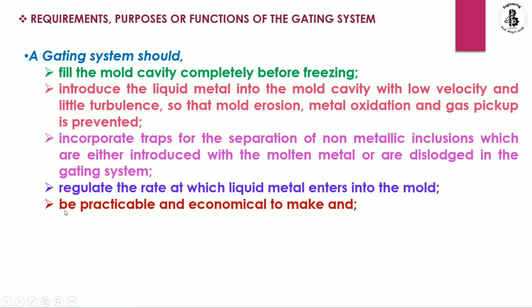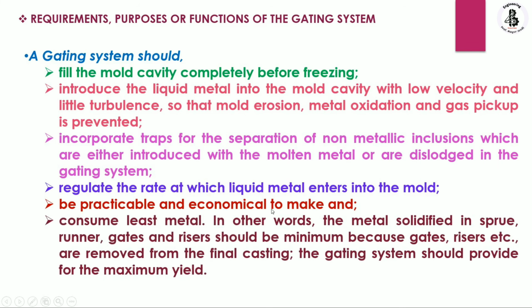Then one more thing: it should be practicable and economical to make a mold. Finally, it consumes the least metal. In other words, the metal solidified in the sprue, runner, gates, and risers should be minimum, because that is total wastage of metal as well as money, since the gates, risers, etc. are removed from the final casting. A secondary process, or you can say metal cutting or finishing processes, is done on those particular parts.